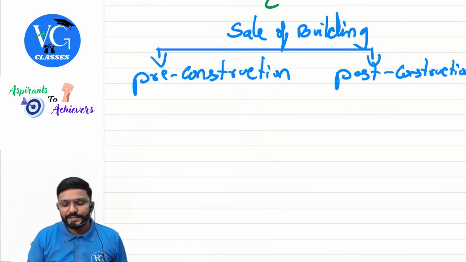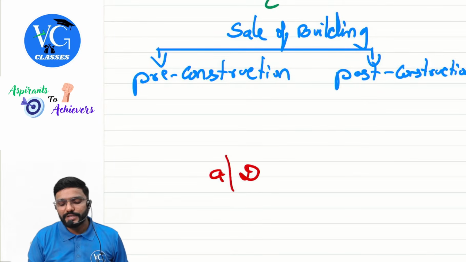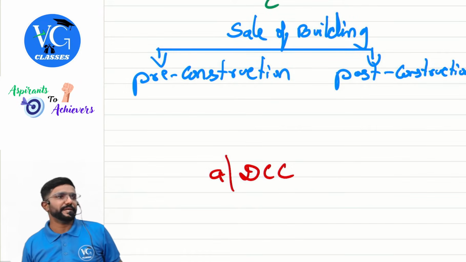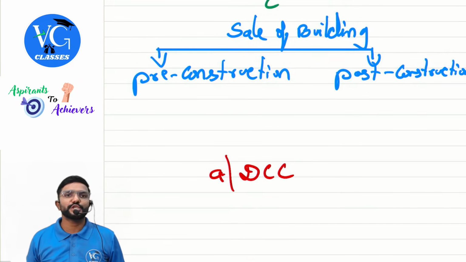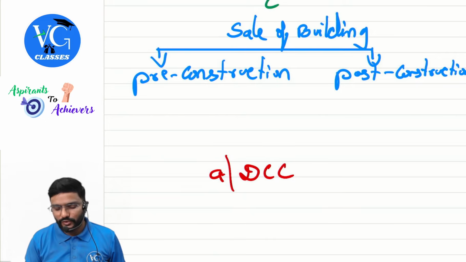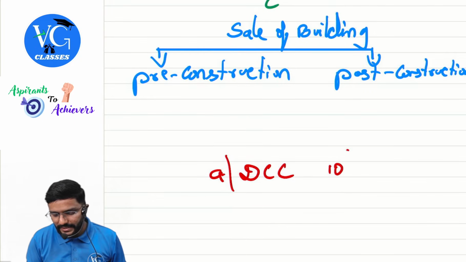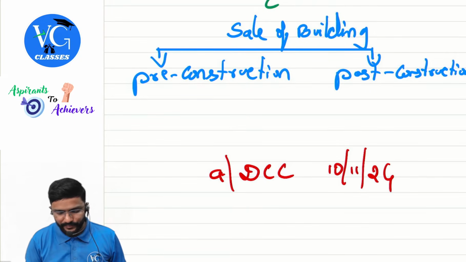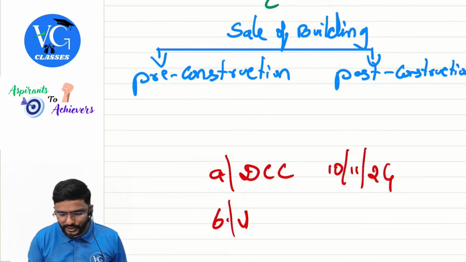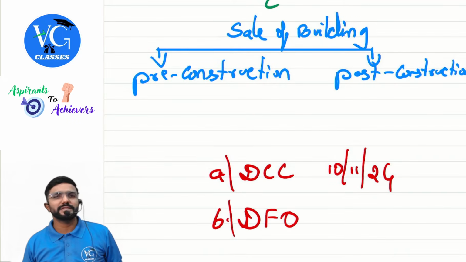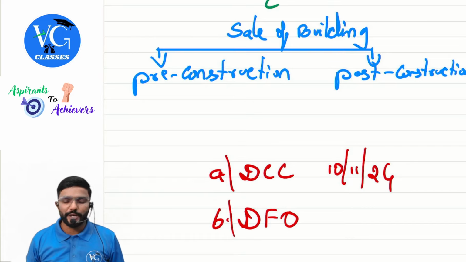They're telling 2 dates. Date on which completion certificate is obtained, guys. So let me take it as 10th November 24, or the date of first occupation, means the date on which the property is first occupied.